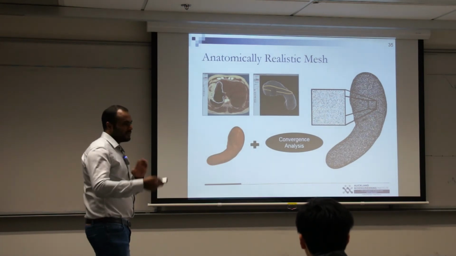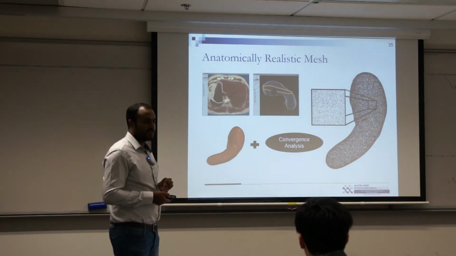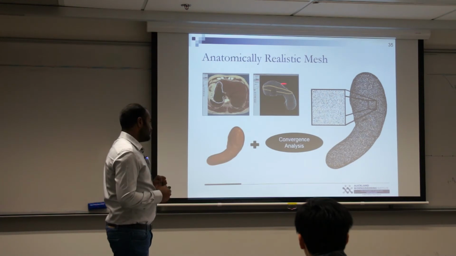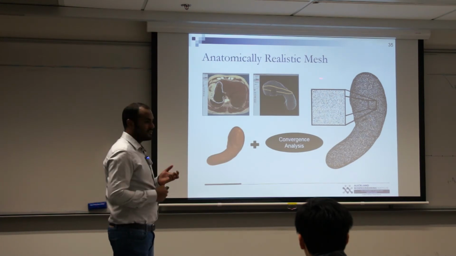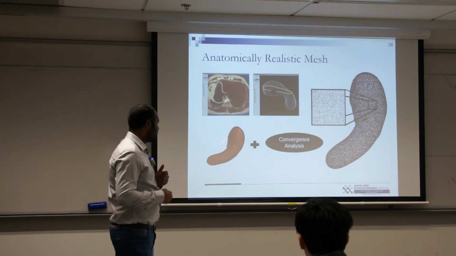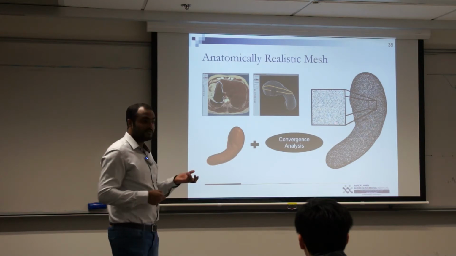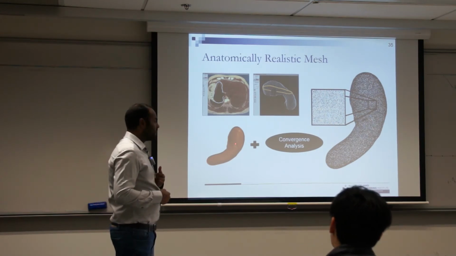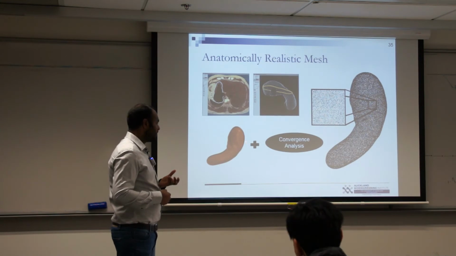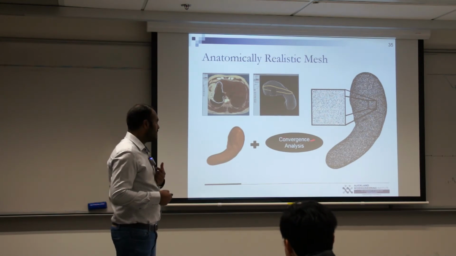Next is the generation of the entire stomach geometry and the mesh. As we usually do, we have the CT images. We obtain the surface image using the CMGUI tool. From there, we export the surface information as an STL.